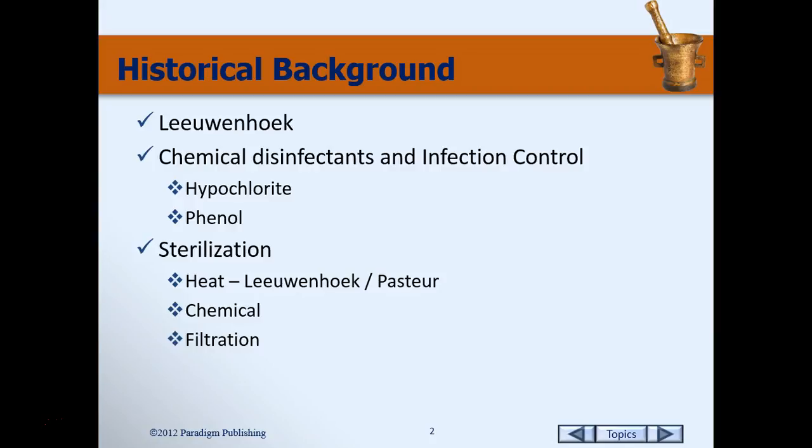So if we can't put it through a heat process like an autoclave, because it would damage the product, like some sterile products, we can use filtration. Now, in our compounding, if we use filtration, that would be a high-risk compound, which means that something was not sterile.